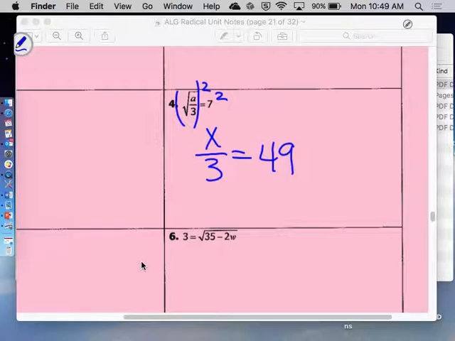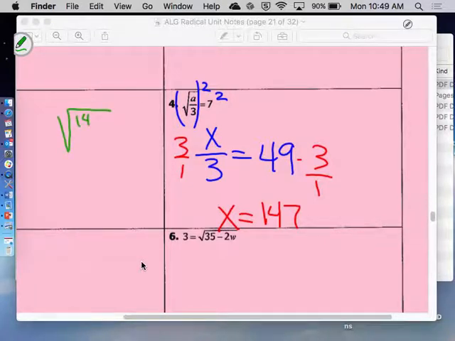And then multiply both sides by 3 over 1 to isolate the x. And then you get the value x equaling 147. And then to check this, 147 divided by 3, does that equal 7? That's 49. Square root of 49 is 7, so that checks.